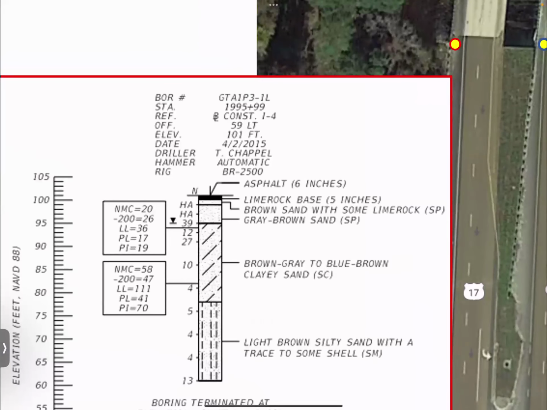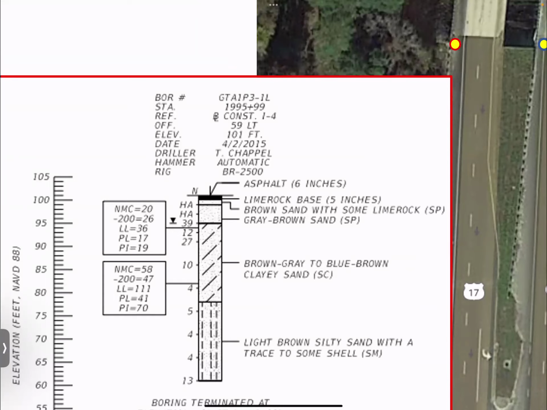That NMC is our natural moisture content, which is our lab one. The negative 200 is the percent passing the 200 sieve. Sometimes they don't have enough soil or enough time to do a full sieve stack, so they only pass the soil through the 200 sieve to determine the percent fines. So this would be a 26% fine soil.